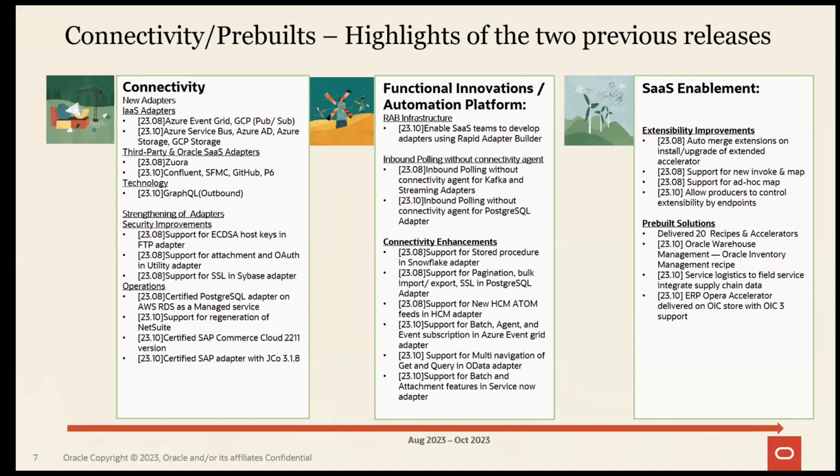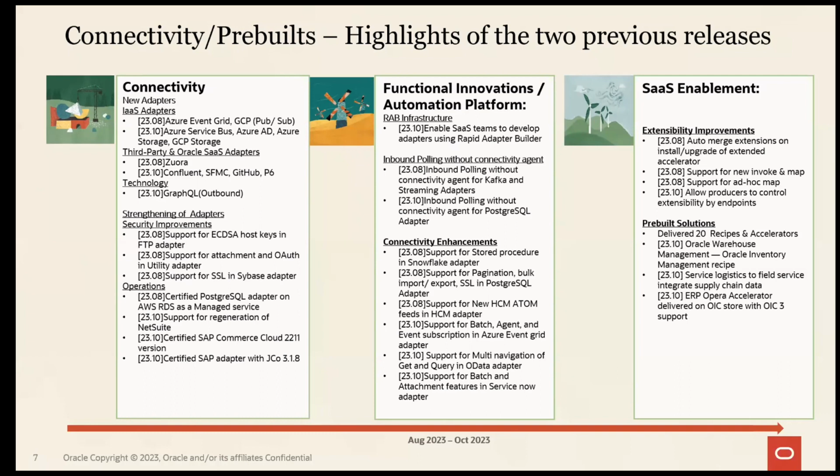Some of those apps don't have dedicated adapters in OIC. So your developers would have to use the REST adapter, for example. But you can very easily create your own dedicated adapters for those REST resources. And that adapter will be surfaced within OIC itself. So again, we see this as a great play for partners, but there may be customers or maybe some of you out there who like the idea as well.